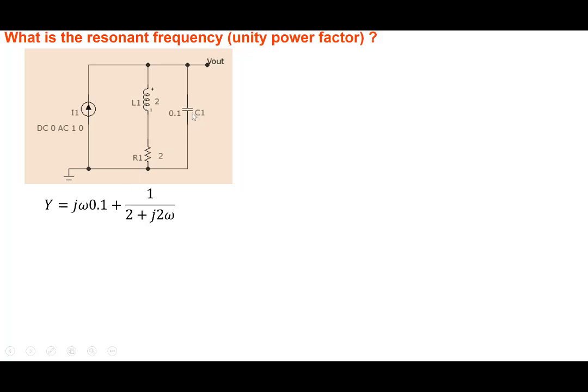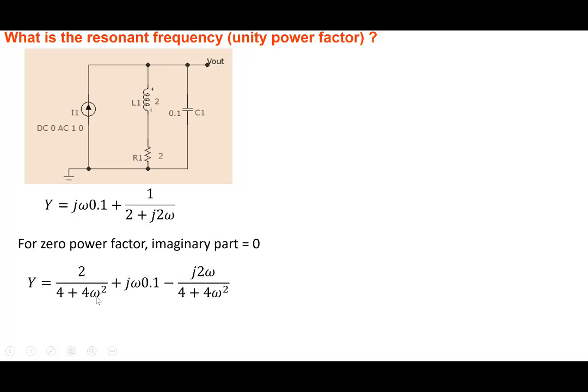So the admittance due to the capacitance, and this particular branch, is nothing but 1 plus j2 omega here. And for zero phase difference or unity power factor, the imaginary part equals 0. So we can rewrite this in this particular form, and make the imaginary part equal to 0, and we get omega naught equal to 2 radian per second here.